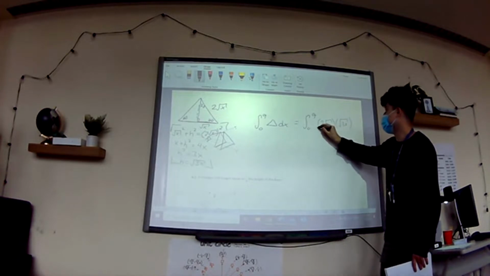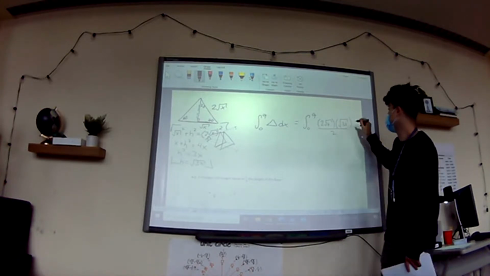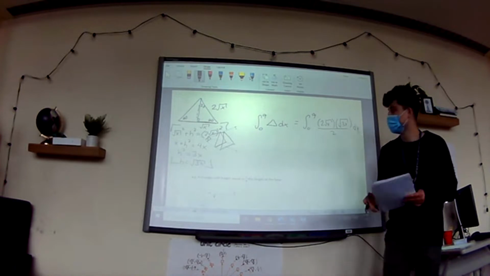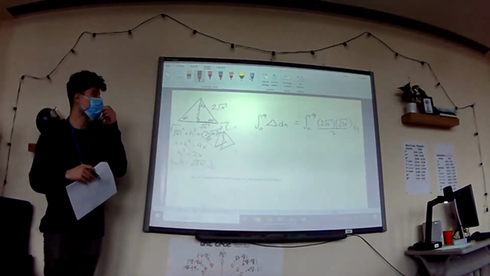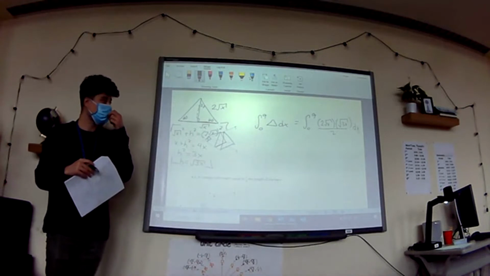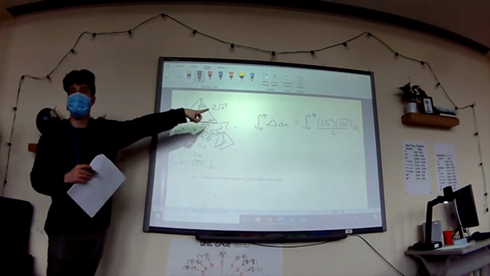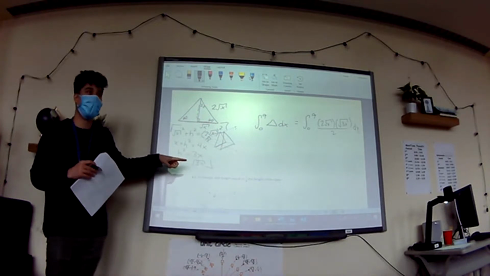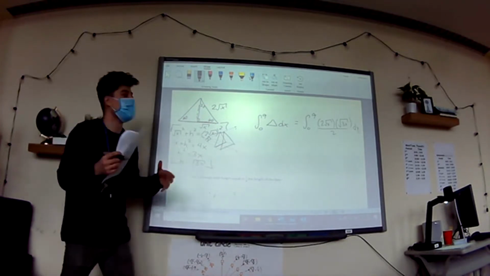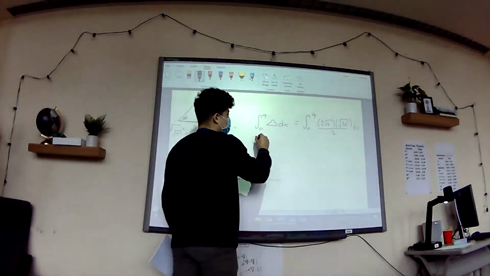And then I forgot the 1/2, so let me just put that over 2. And then dx. Nice, and then from here it's just simplifying and integrating. Do you see where all these numbers came from? Should I explain anything again? Nice. Okay, cool.